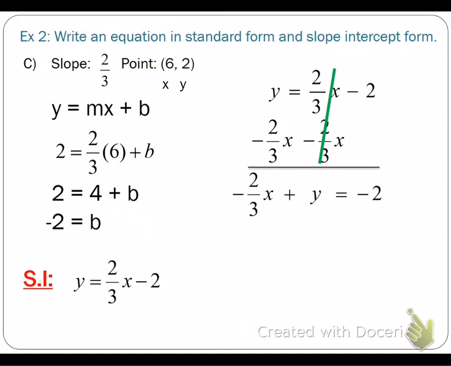Multiply everything by what? -3. That'll get rid of the 3 in the denominator. It'll also get rid of the leader being a negative. So up front, gone. I just have the 2x minus 3y equals +6.